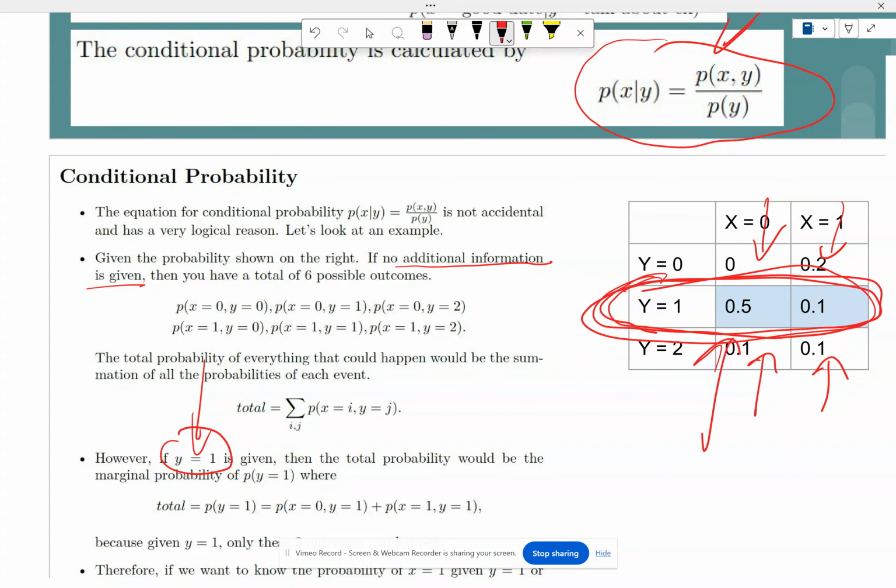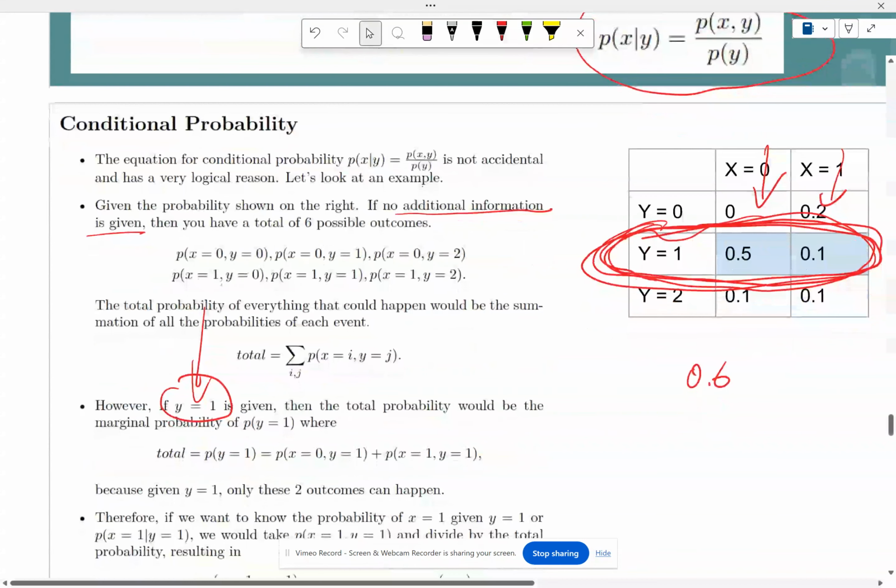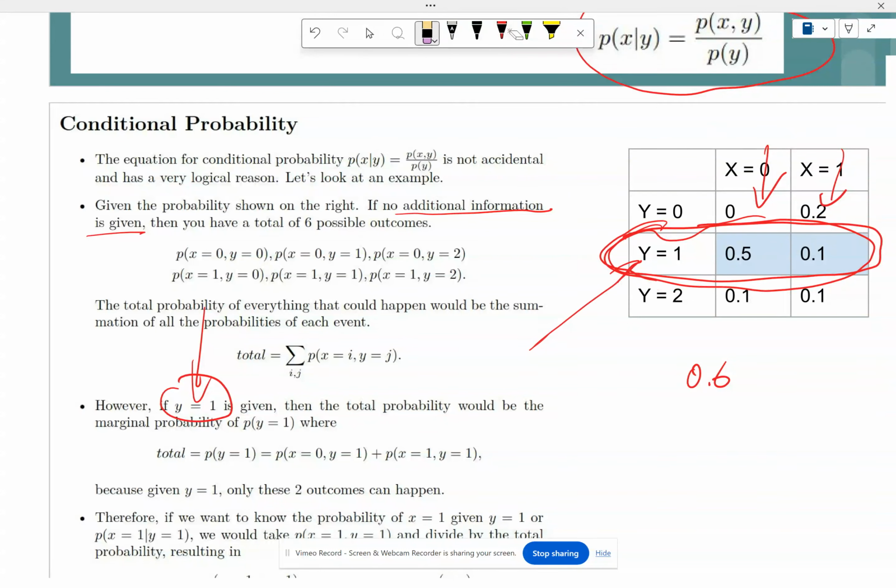So you're stuck with this one. So this right here, probability Y is equal to 1, is essentially the 100% of your probability. It's saying now the 100% is 0.6. So that's the 100% of the probability, which is the marginal. You're calculating the marginal of Y equals 1. So that's where this marginal comes in.